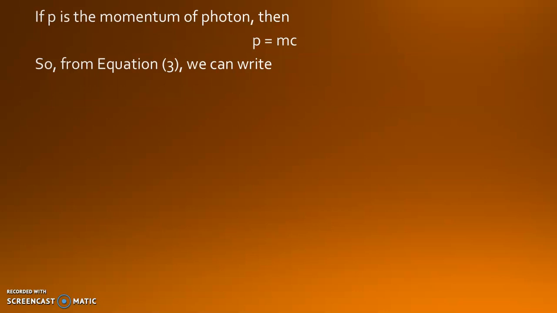We can split mc square into mc into c, and that one mc we can write as p. So mc square we can write as p into c. So equation number 3 becomes h nu is equal to pc.